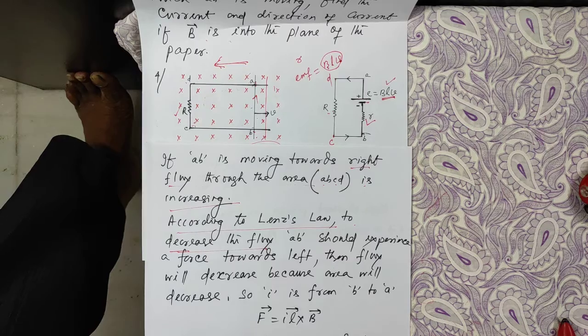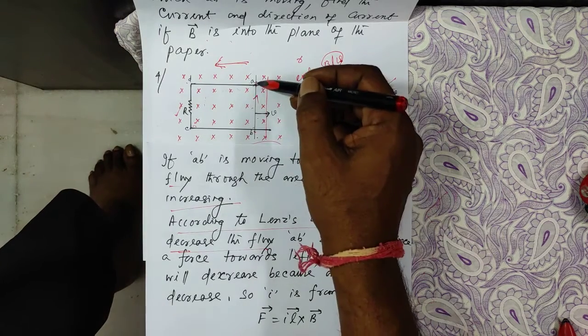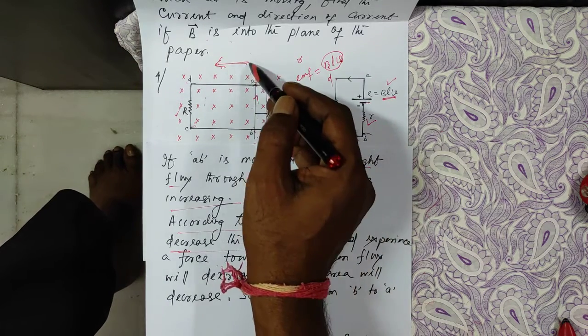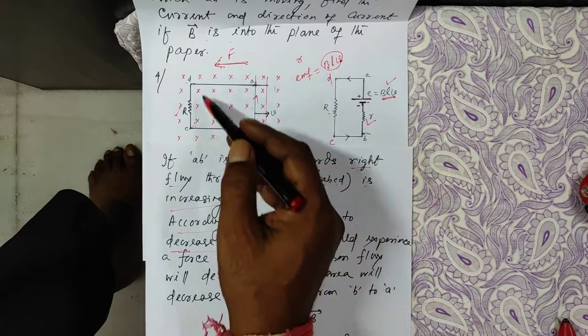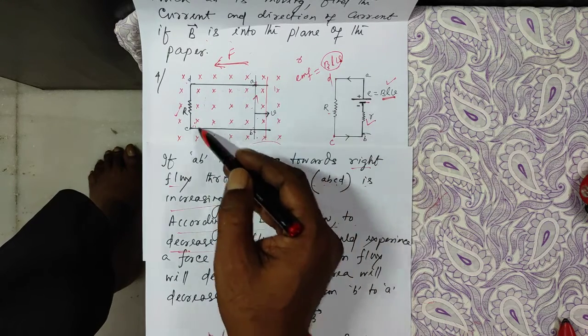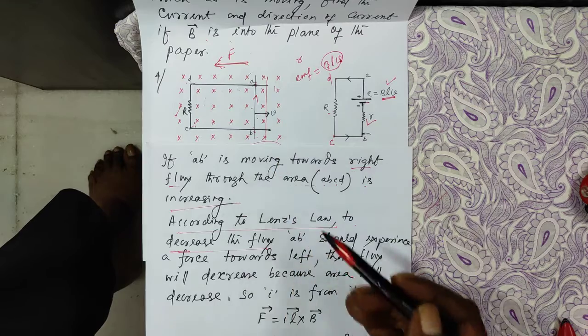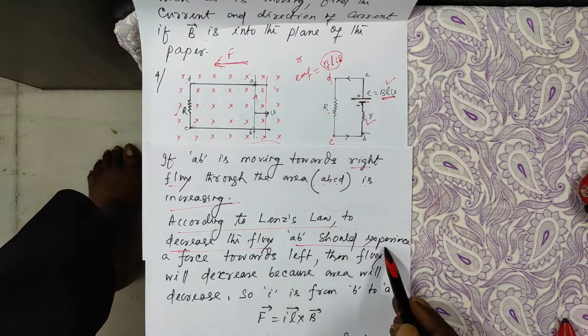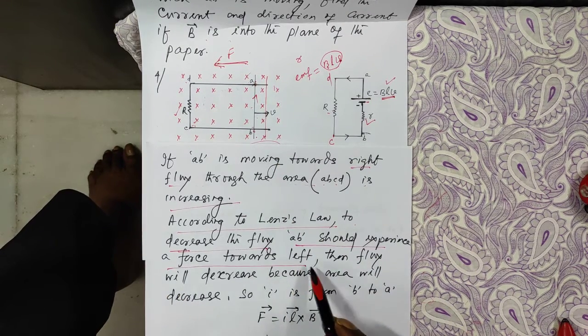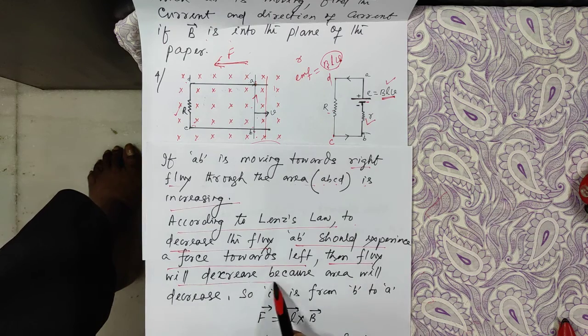So what should be the direction of current so that AB experiences a force to this side? Then only the area will decrease. Since the area will decrease, the flux will decrease. So AB should experience a force towards left. Then the flux will decrease because the area will decrease.